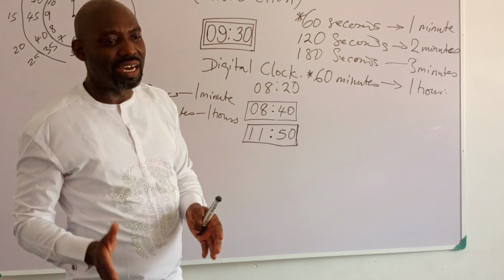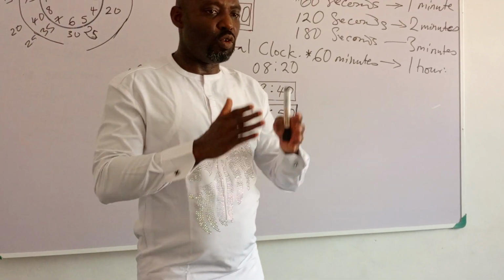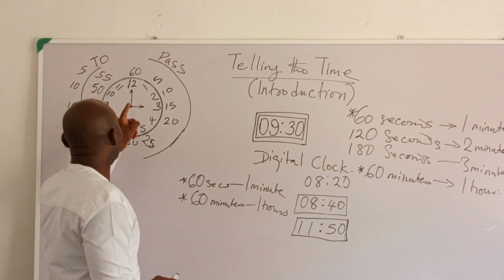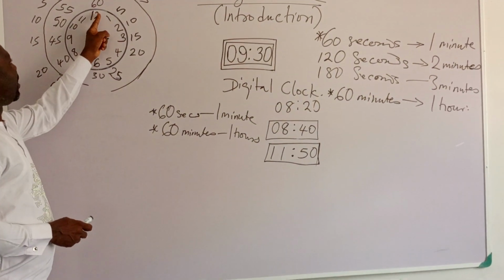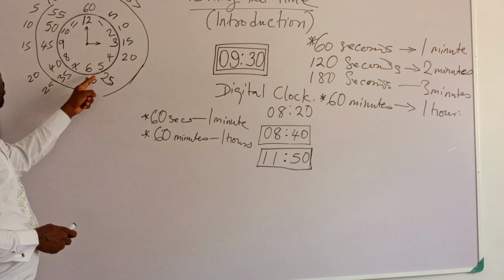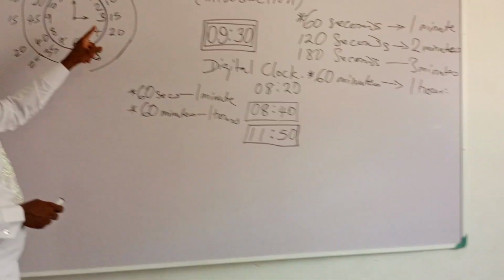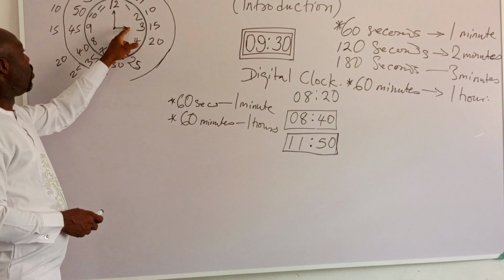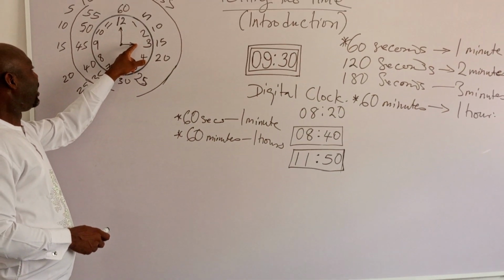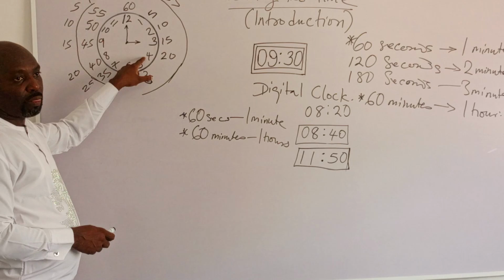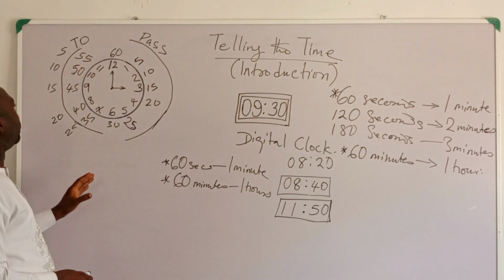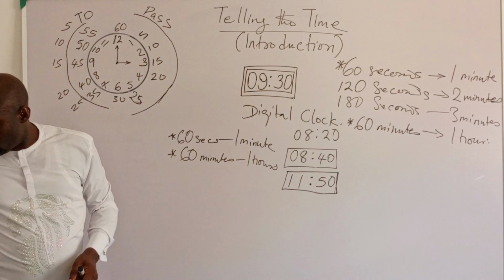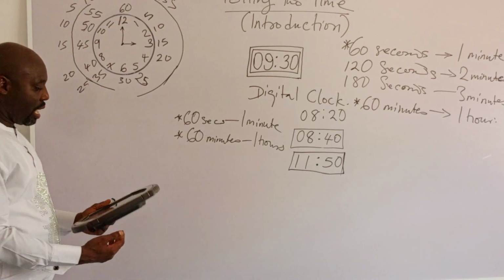After another 1 hour, you have 12 o'clock. 1 hour means the minute hand, this long hand, must have moved from 12 back to 12. At that point, this hour hand, this is 3 o'clock, will move from 3 to what? 4.